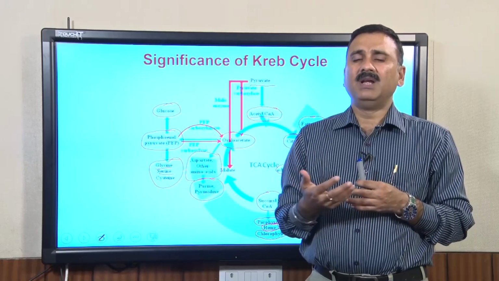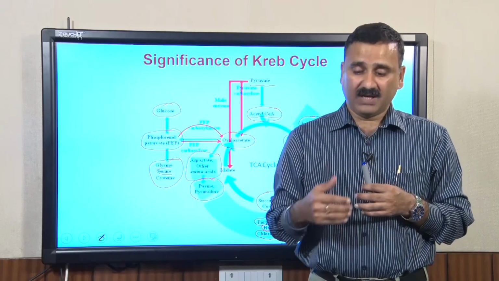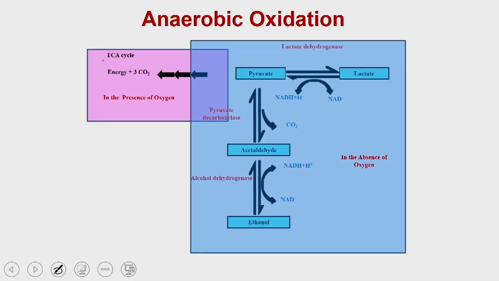But what will happen if there is no oxygen in the environment, or low oxygen? As we discussed, if oxygen is present, the TCA cycle will run, generate 3 molecules of carbon dioxide, and process the reducing equivalents to generate ATP.